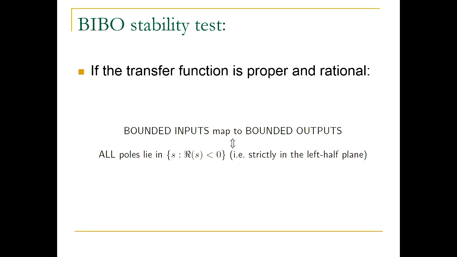Well, for stability, this integral would be hard to compute in general. You can actually find a test that's much more elegant, and the test involves the poles of the transfer function.